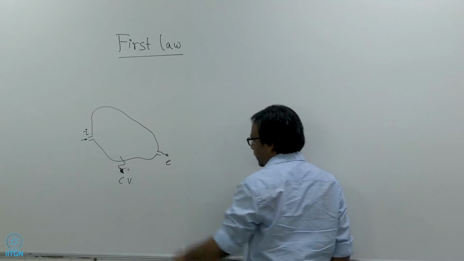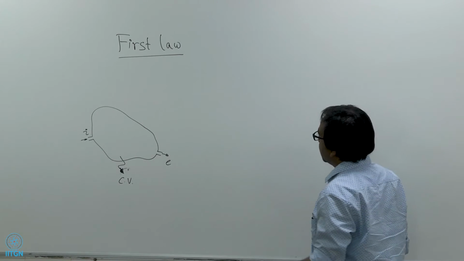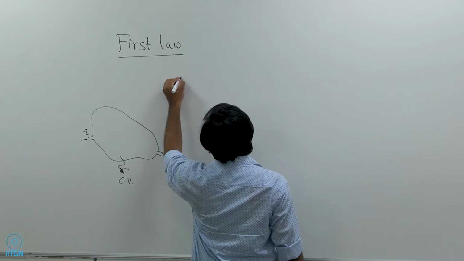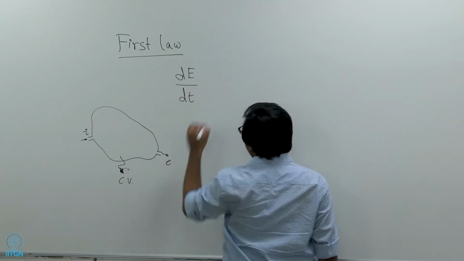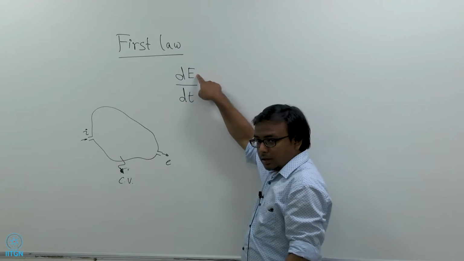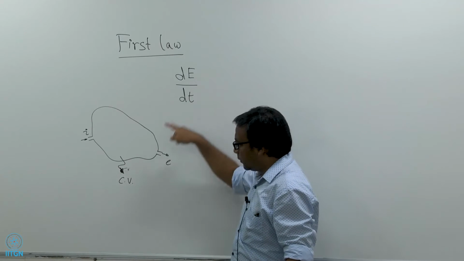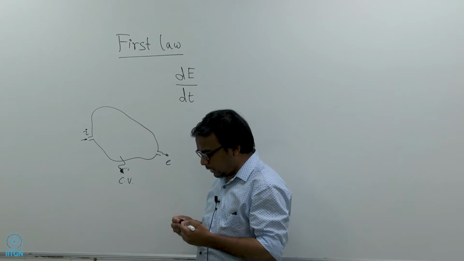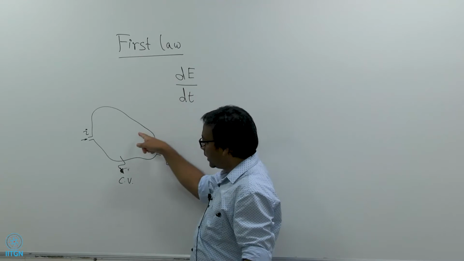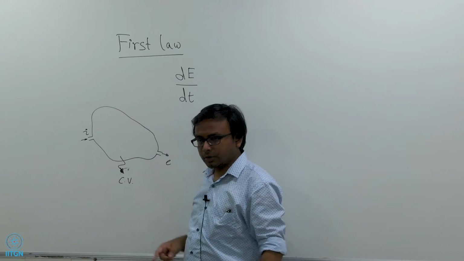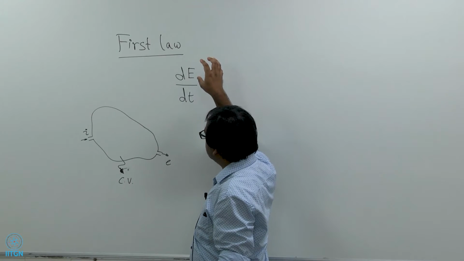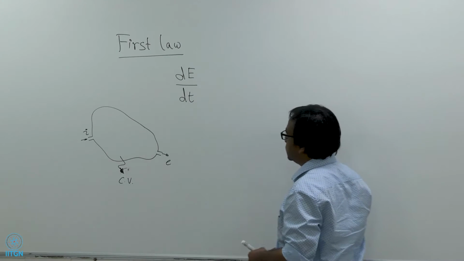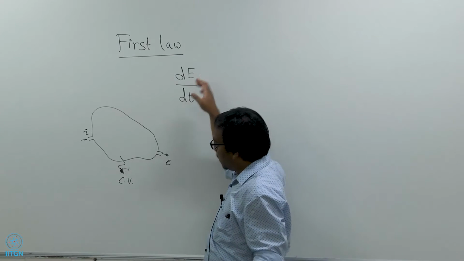If you write the first law for this control volume with some inflow at the inlet and outflow at the exit, the first law becomes dE/dt, where E is the energy of the control volume.